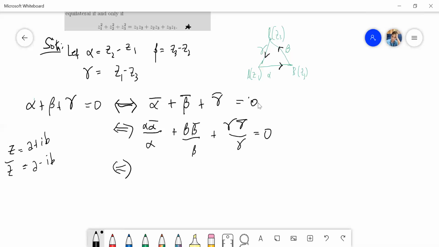So if you multiply these, you'll get the modulus squared by the property of the modulus. I have discussed that before in my previous video. So this is actually the same as 1 over alpha, plus 1 over beta, plus 1 over gamma equals 0.